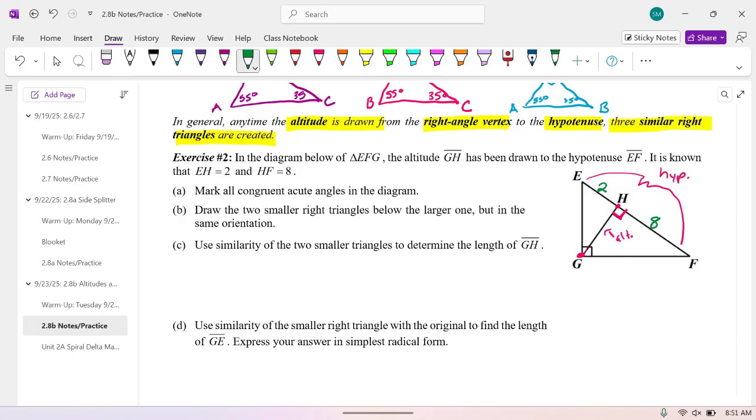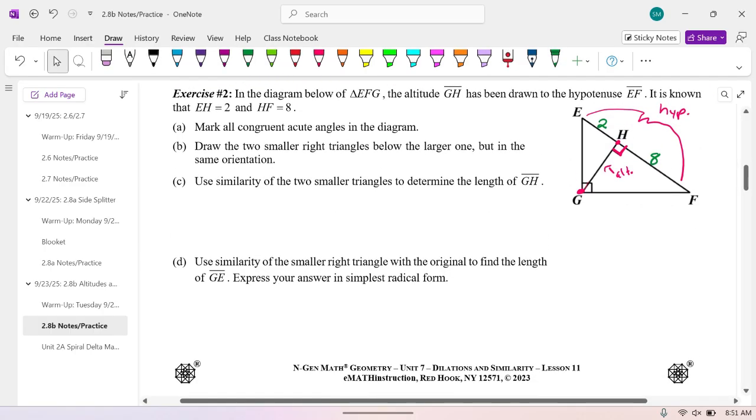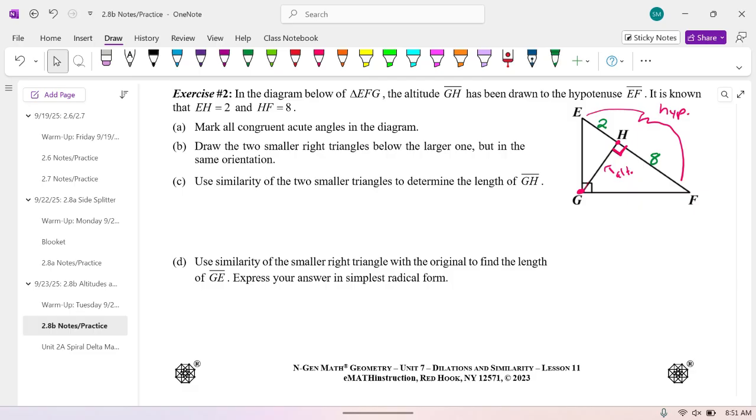So we're now going to draw the two smaller right triangles below the larger one. So can someone name me one of the right triangles that just got created by the altitude? Eli. FGH.